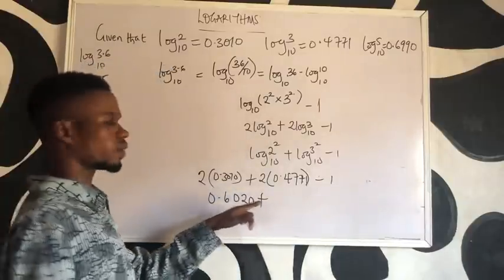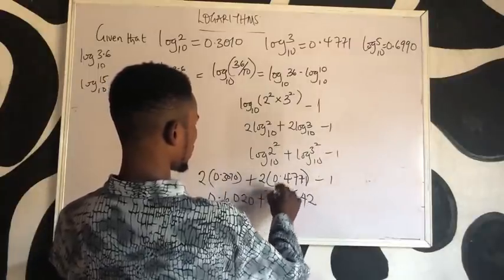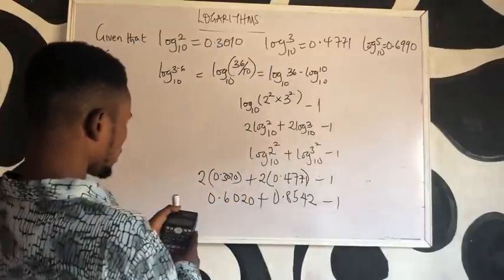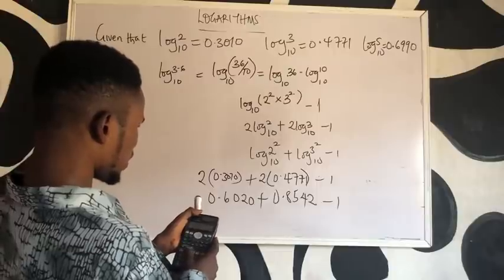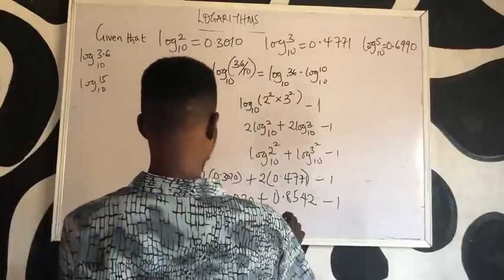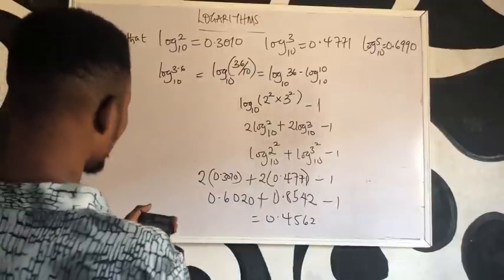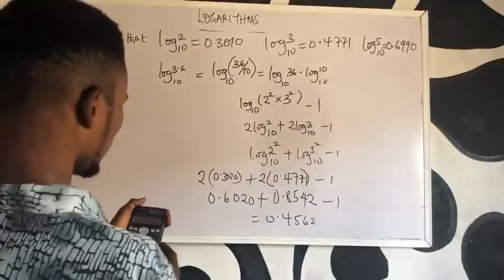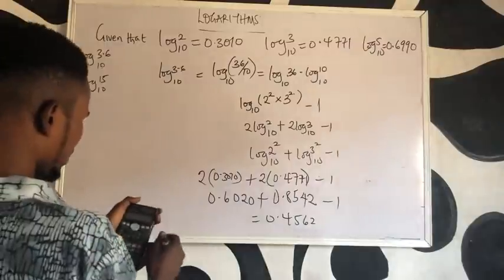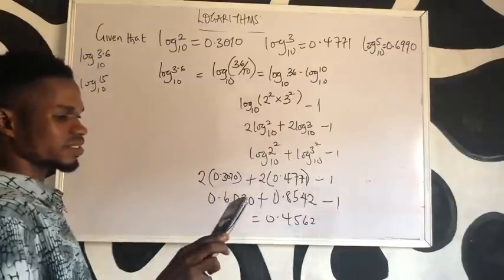Then 2 times 0.4771 is 0.9542. So let's see. 0.6020 plus 0.9542 minus 1 is 0.5562. Here, let's take log 3.6, which is 0.5563.